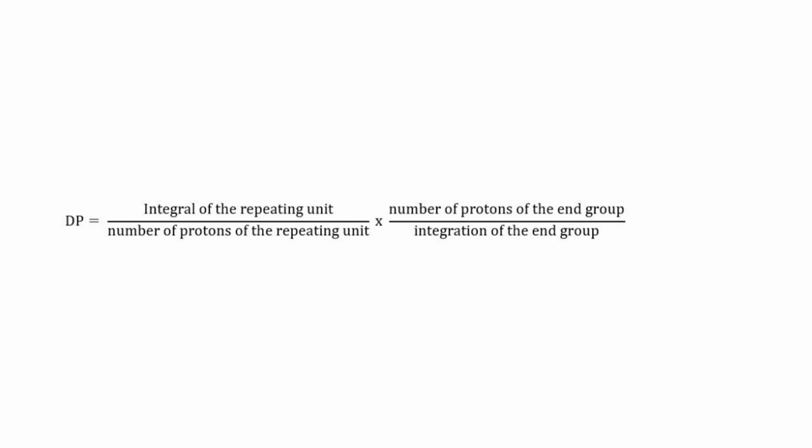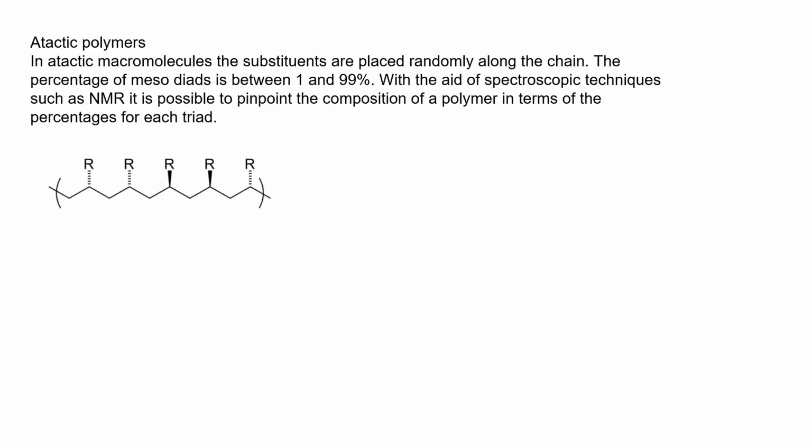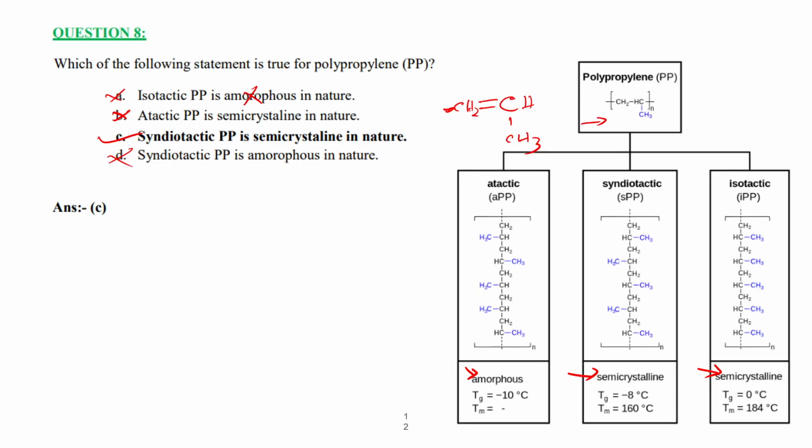With this we can calculate the number of substitution units and then decide that. Then tacticity we have seen: when all are on the same side it is isotactic, and when there is no such order present in your system, it is atactic.